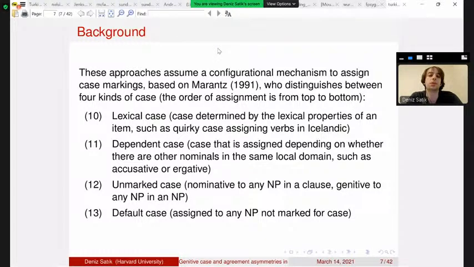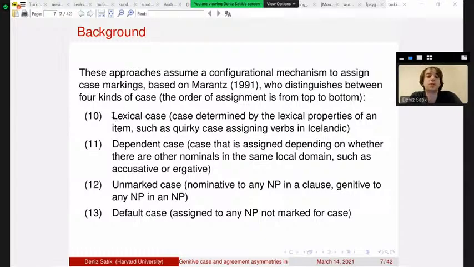I can give you an example of this in Turkish too, like benim evimin içinde. The postposition içinde, I take to assign a lexical genitive case to ev, leading to evimin.